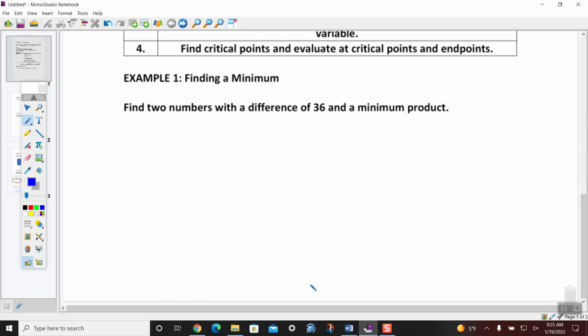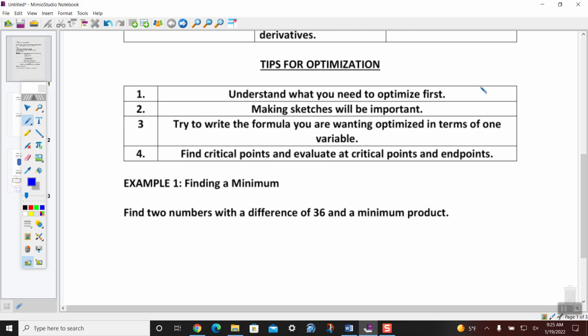Alright guys, if I back up here for a second, if I go to page 1 again, and I look at these rules right here, does everybody understand what it means? Understand what you're trying to optimize first. You have to write down what you know, and then write down what you're trying to optimize. Sketches help. I'm not going to lie to you about that. Try to make sketches. Step 3, make sure you're always getting the formula that you're trying to optimize in terms of one variable, if you can.